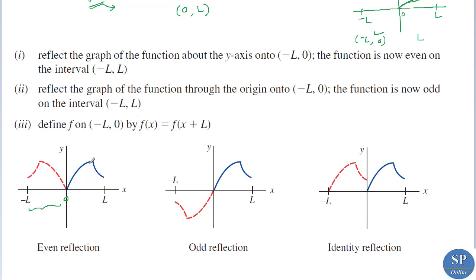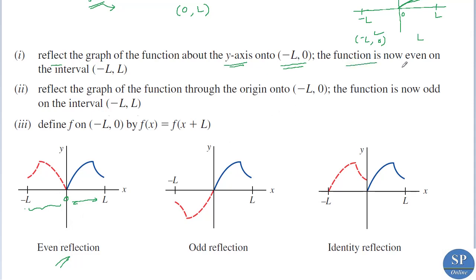That is, we extended the given function in 0 to L to the interval minus L to 0 as an even function. We are reflecting the graph about the y-axis onto the interval minus L to 0. If you reflect this graph about the y-axis, then we will get this. Now this function is an even function. So we have an even reflection.